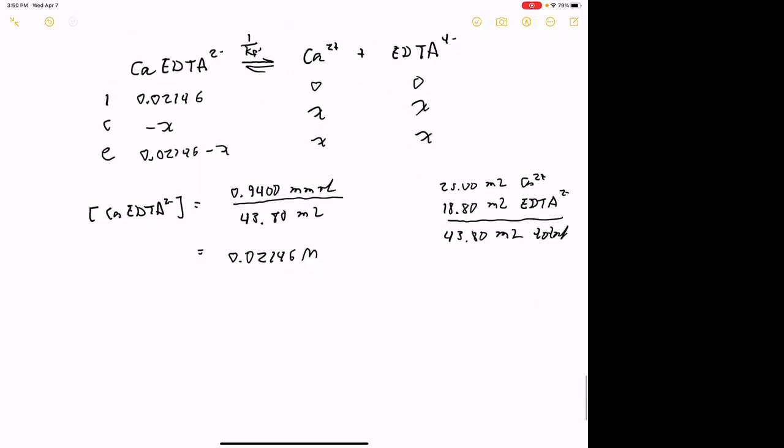All right, so now we can plug it all into the law of mass action. So let's remind ourselves of what the law of mass action actually looks like. It says that the KF primed, or actually 1 over the KF primed, all has to equal the equilibrium concentration of the calcium ion times the equilibrium concentration of the EDTA, all divided by the calcium EDTA.